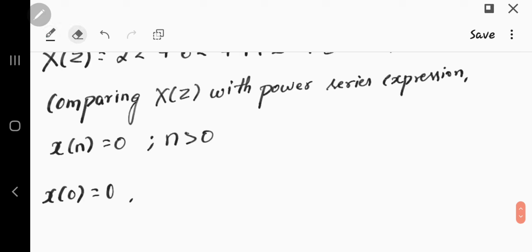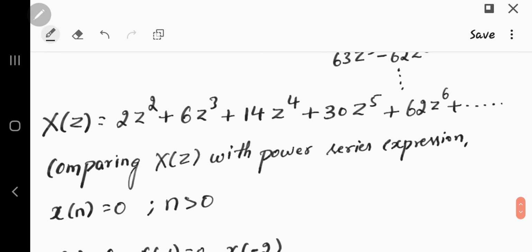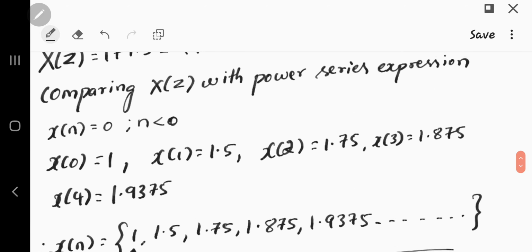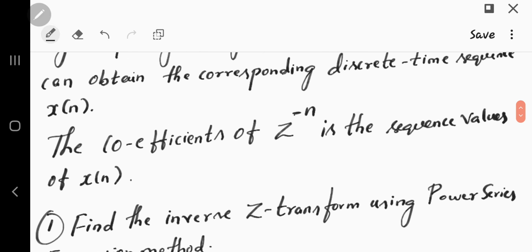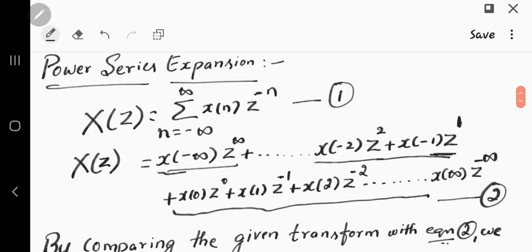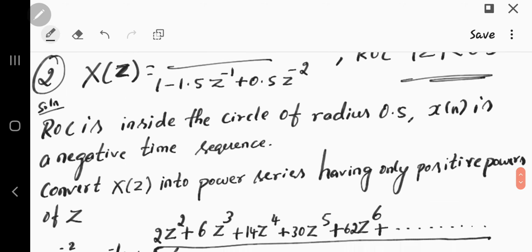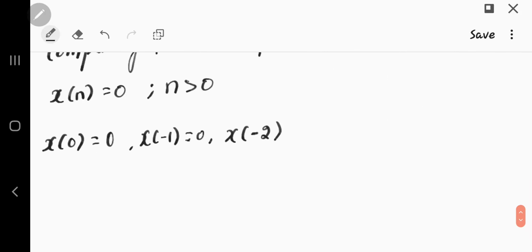X of minus 1 is 0. Now coming to x of minus 2, the coefficient of z squared is x of minus 2. I will take you back to the power series here. The coefficient of z squared is minus 2, z cubed is minus 3, z to the power of 4 is minus 4, and so on. The same thing applies here.